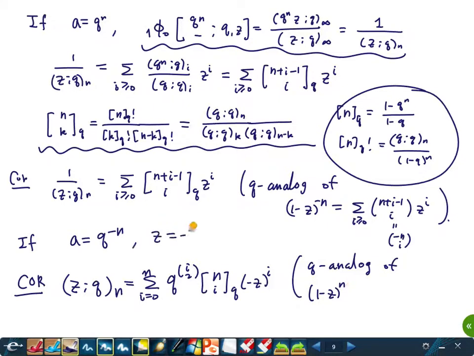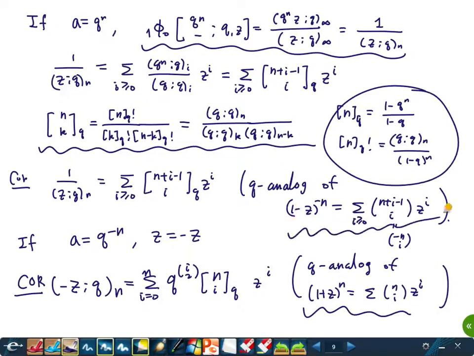Let's plug in z equals z, so that we don't have a minus there. Then it's going to be z to the i, like that. This is a q analog of this. If q approaches 1, this becomes this, and this becomes this. So both follow from the q binomial theorem, and that's the reason why we call it the q binomial theorem.